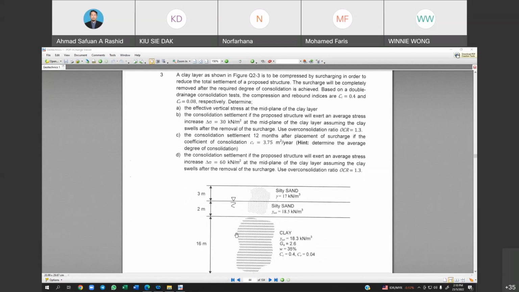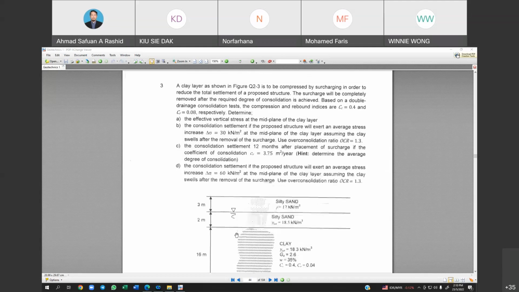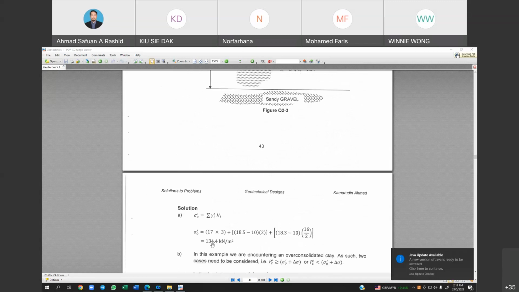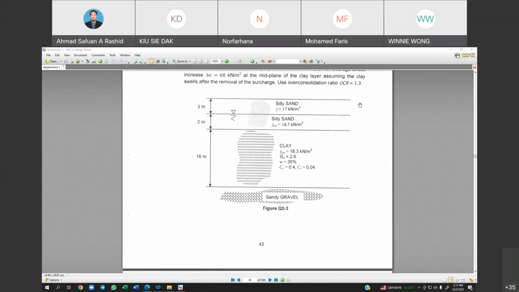So that is the effective vertical stress at the midplane of the clay layer. So the result is 134.4.